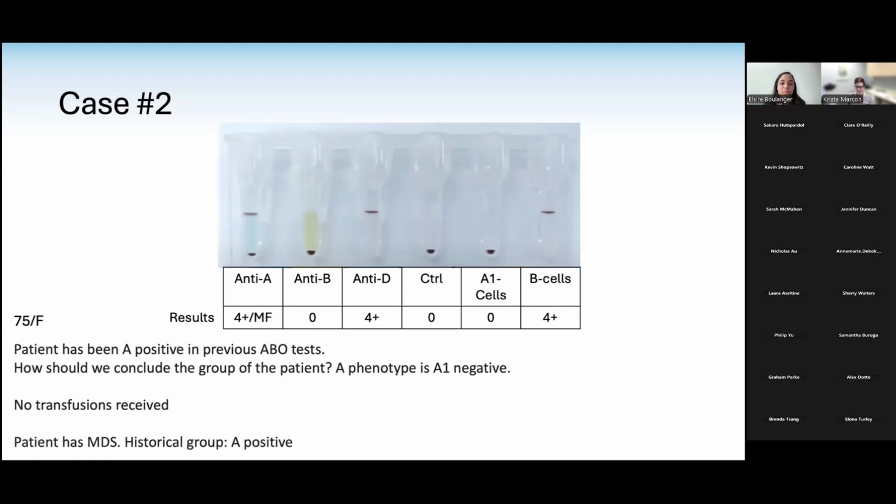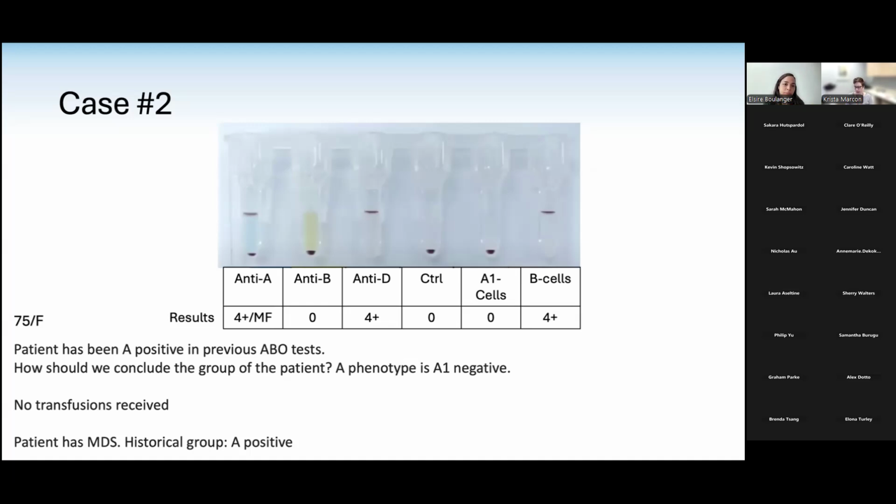When we have patients who have hematological malignancies, myeloid malignancies, MDS, acute leukemia, this can happen. Up to half of the patients with hematological malignancies will lose strength in the ABH antigen, so their expression of the antigen will be less. And this is just a conversion that happens when there's a disease.